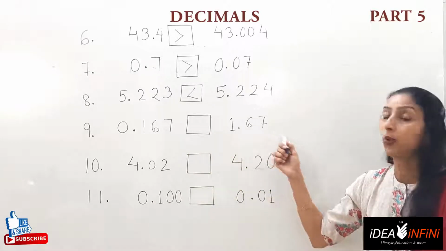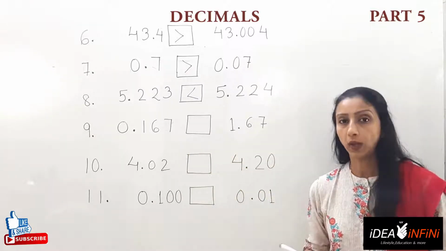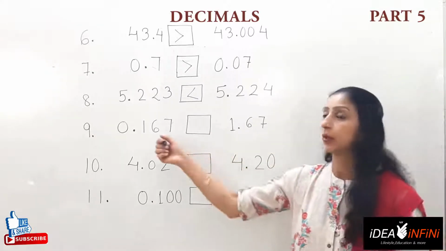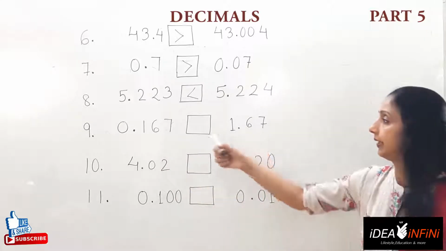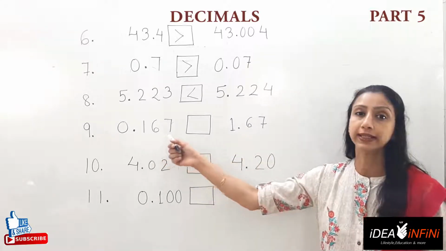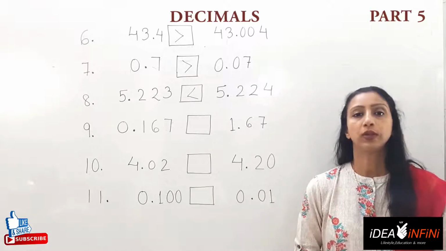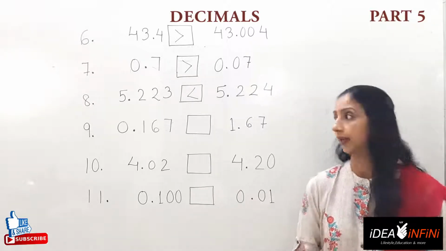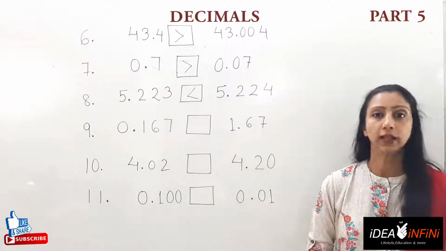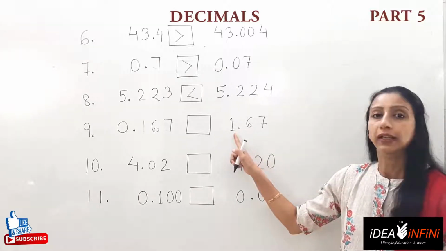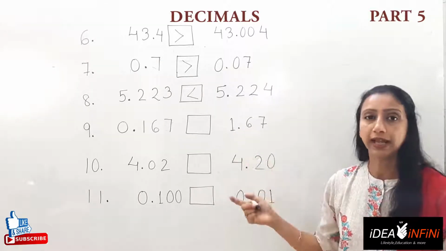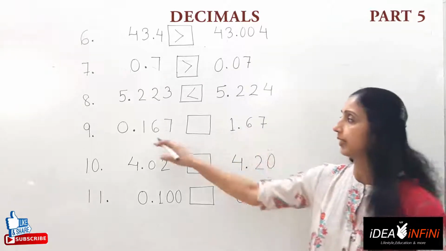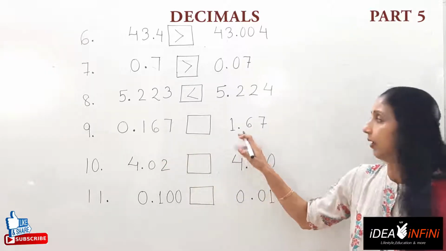0.167 and 1.67. At one glance it might seem that it is 167. No, it is not 167, it is 0.167. Any number which has a whole number as 0 is obviously less than 1. And here the whole number is 1. So directly, without making them like, without thinking twice, we can just compare them with the whole number.